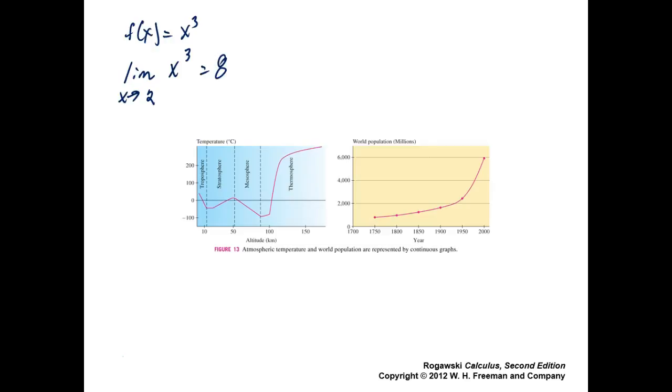What property allows us to do that without doing a bunch of calculations? What is the prerequisite before you can substitute? The function must be continuous at that value. The property is that x cubed is continuous everywhere. So if you're trying to take the limit of it, plug it in.